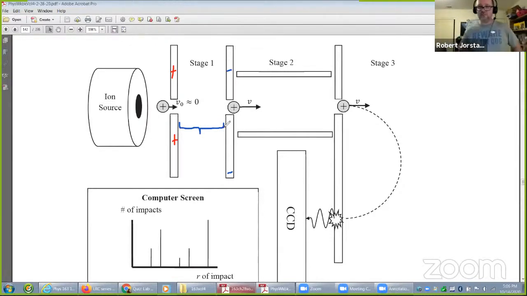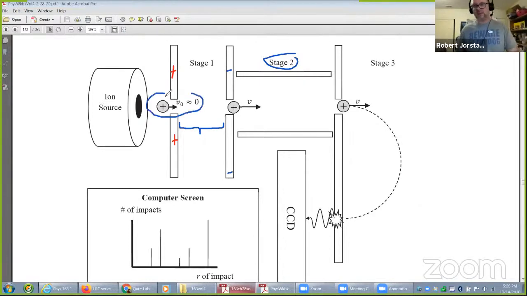And then stage 2 is a velocity selector. This cleans up the beam in your accelerator. It gets rid of some of the junk that's not going at the right speed. So if you want to do an experiment, you dial in a different voltage and you are basically dialing in a different speed.